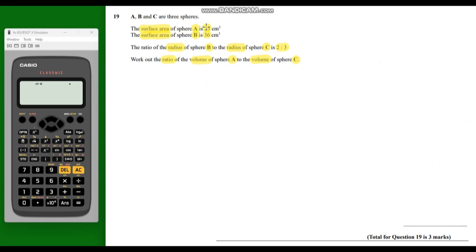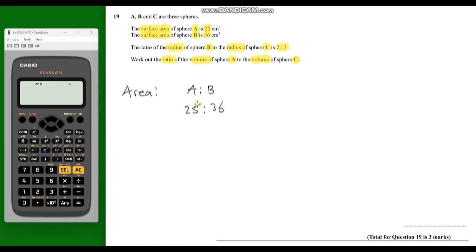So first of all, if we take a look at this information here, because we've been given the surface area of sphere A and B, we can work out the ratio. So if we write down A to B, and this is to do with the surface area, it's going to be 25 to 36.